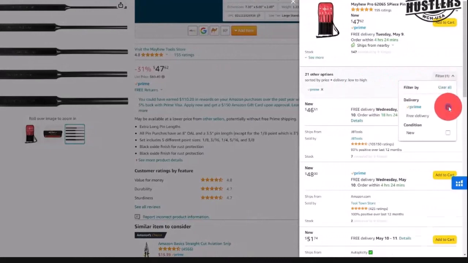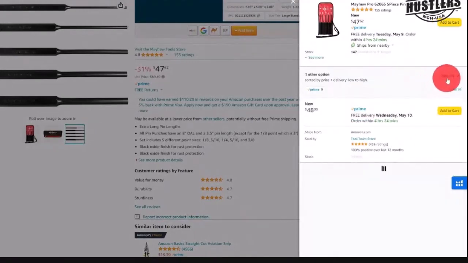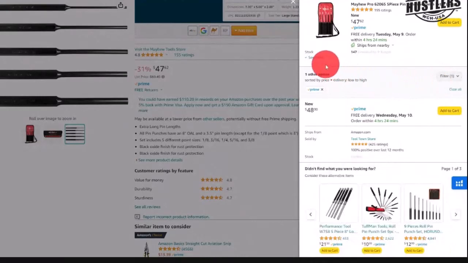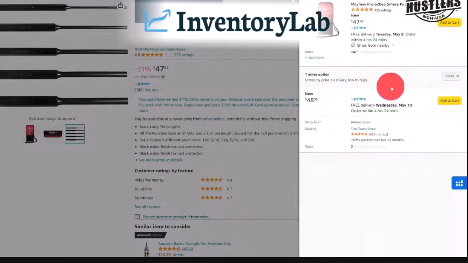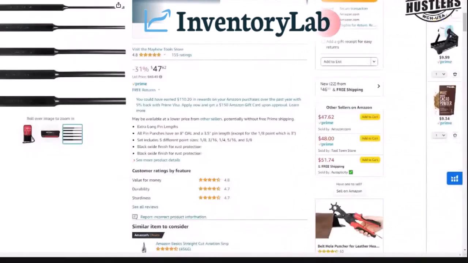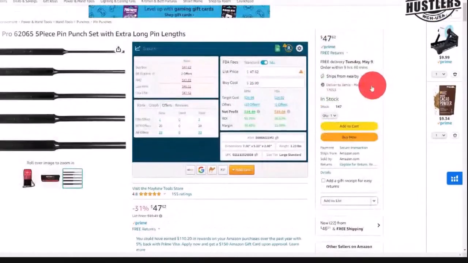By the way, this is a new feature on Inventory Lab. It's a new Chrome extension. I haven't tried it yet, but I'm looking forward to it because isn't it nice? Provides a lot more information. I love the layout. I love how it's right on your page. And we've seen other tools that do the same thing. But I like it because it just shows how Inventory Lab continues to improve. Since I've had it, they continue.